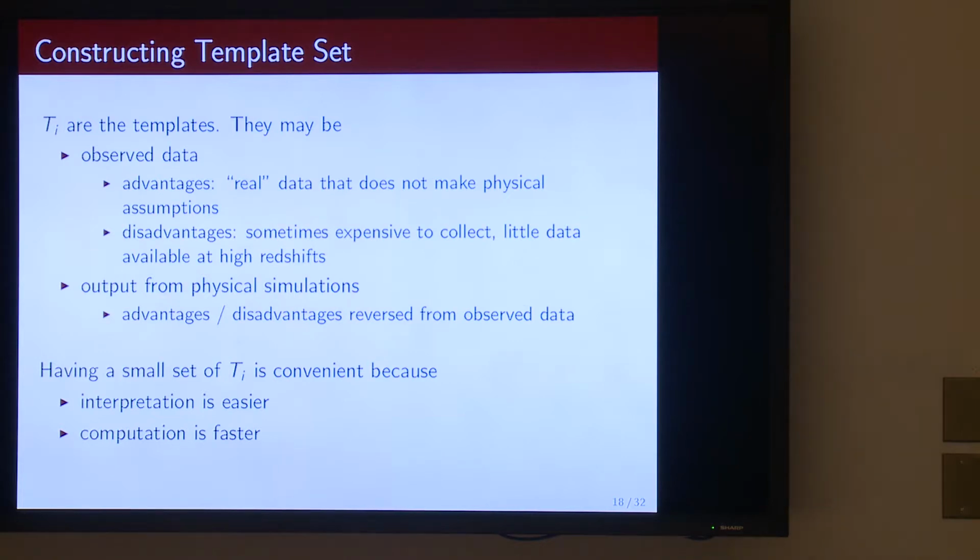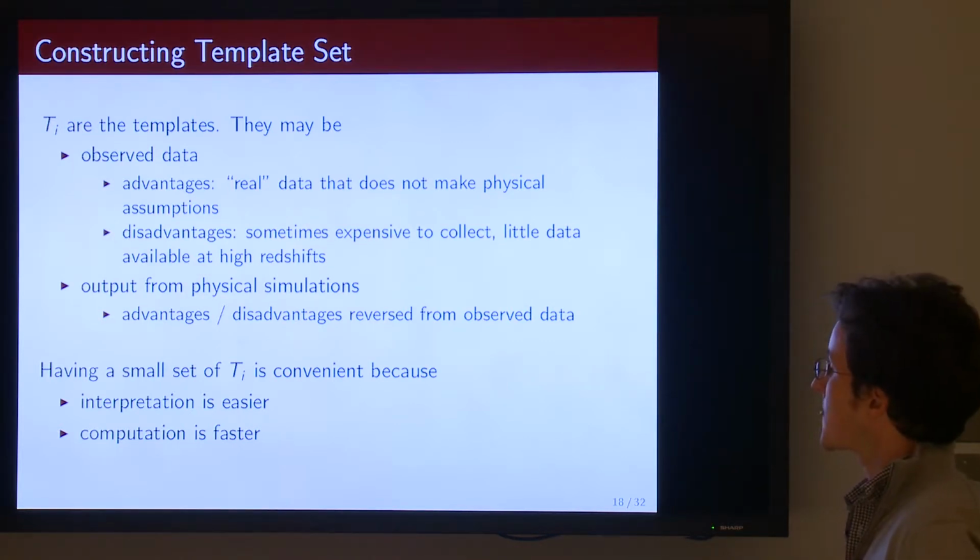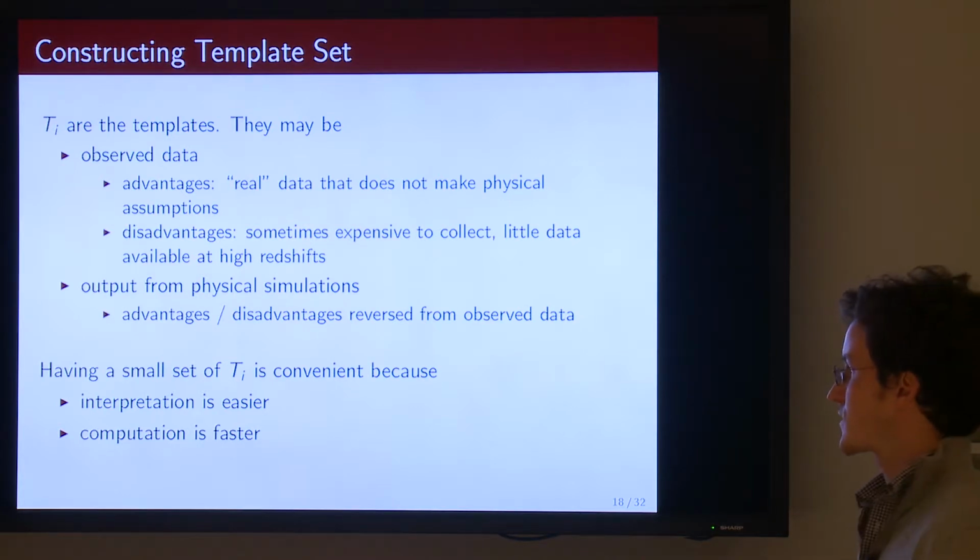If you have 10 T_i, you can look at each of these templates as representing a different type of galaxy. Whereas if you have hundreds of them, there's a lot of continuity there, and you may not be able to pin down what each T_i is representing. The other advantage to having a small set of T_i is that computation is going to be faster, because when you're fitting with this NNLS algorithm, it's nice to have a smaller set of T_i.